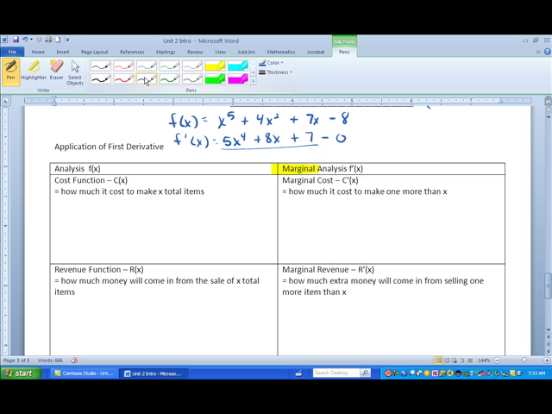So first let's talk about the cost function. The cost function generally is designated as c of x, and this stands for how much it costs to make a total number of items.